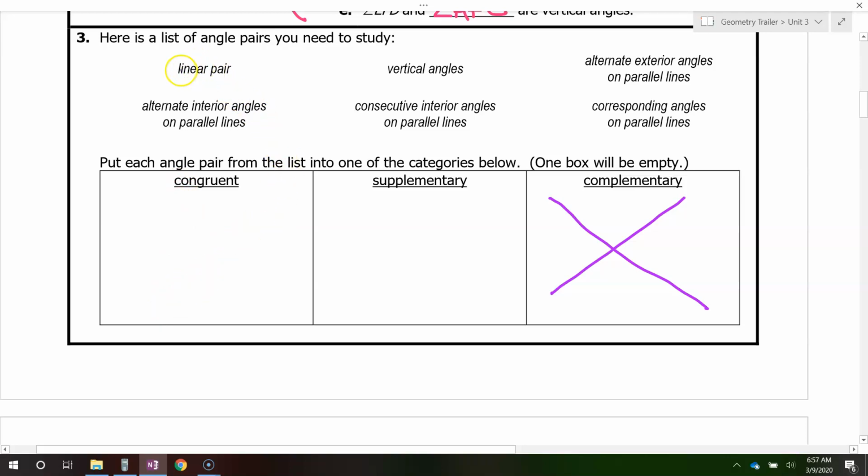And one of those is linear pair, which will obviously be supplementary because they make a straight line. But then the other pair is called consecutive interior angles, and the lines have to be parallel.